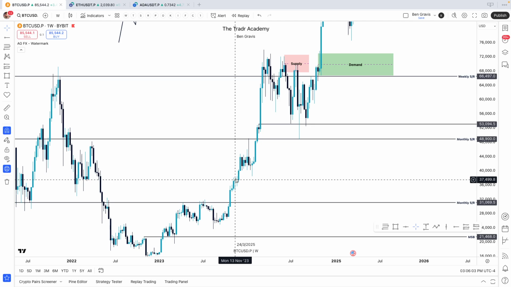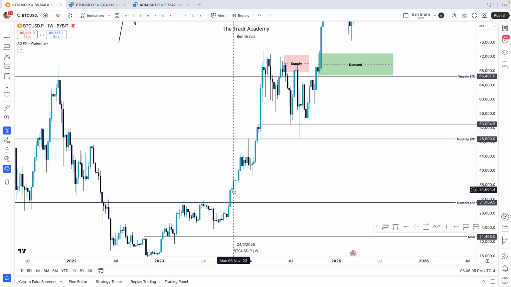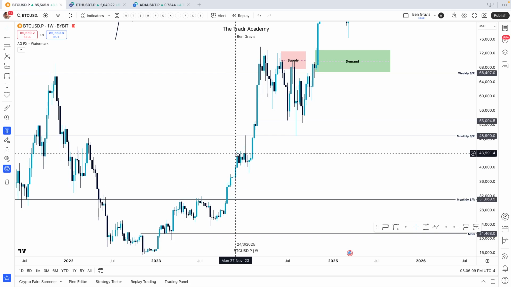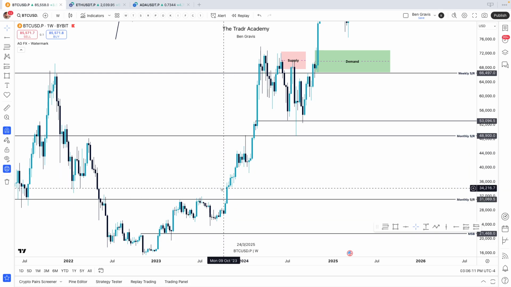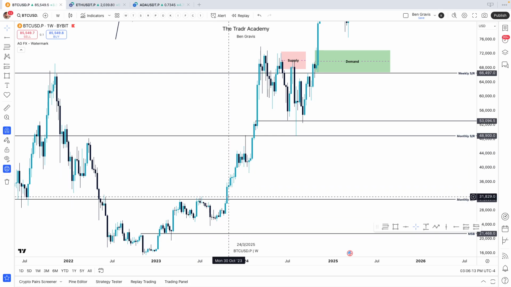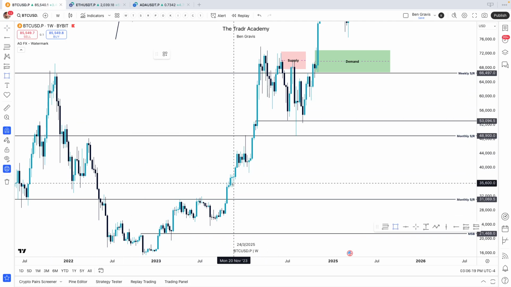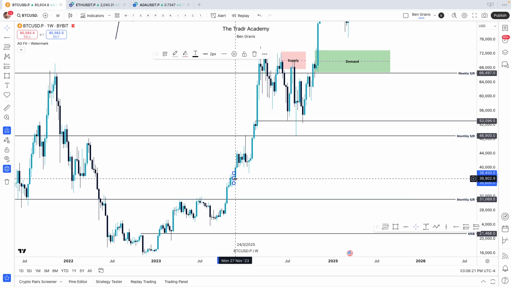So basically we have inefficiencies here, inefficiencies here, and inefficiencies here. Do you think that the market will come down towards this zone? It is possible, but knowing the strength of this move, knowing that we are still in the uptrend, you should look at the first demand zone, basically here, to long.